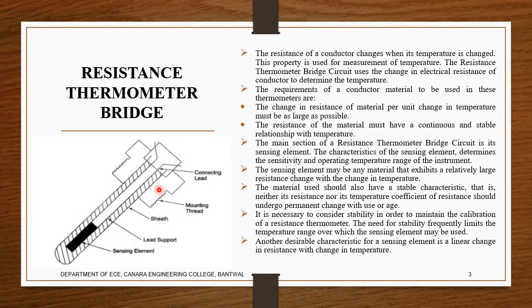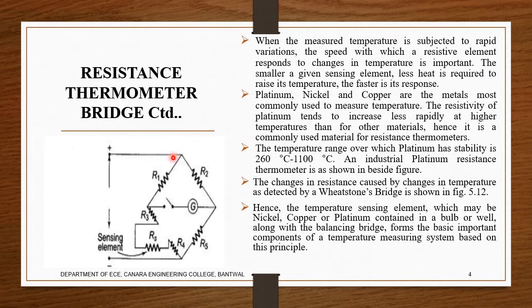And this is the mounting thread where it will be placed, and the heat sensed by this is given to the bridge, where it has to be determined. As we said, there is a primary transducer and a secondary transducer. So this total acts as a primary transducer, which will be connected to the secondary transducer.